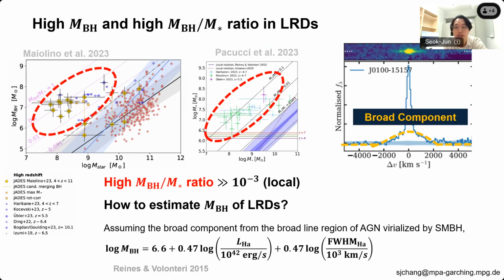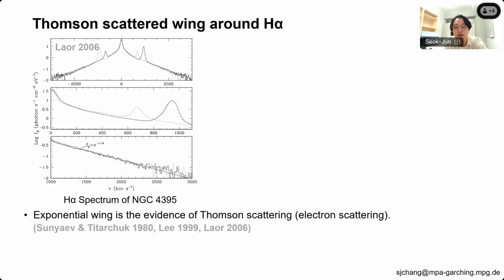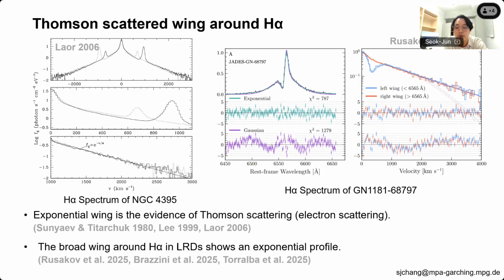However, there is an alternative explanation for the H-alpha broad wing: Thomson scattering, which is electron scattering. Laor 2006 showed that electron scattering produces an exponential wing profile on the emission line. This sample, NGC 4395, is also a local AGN. In more recent work, the exponential H-alpha wing is shown in a little red dot.